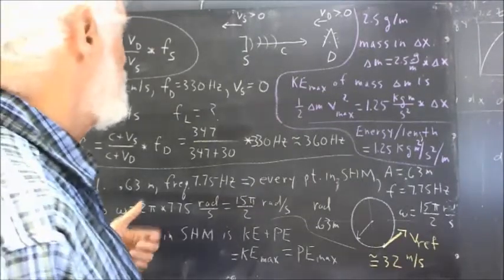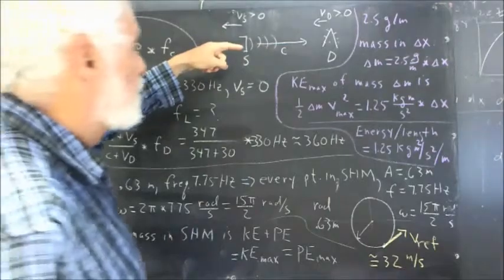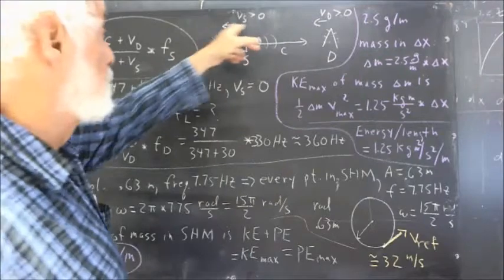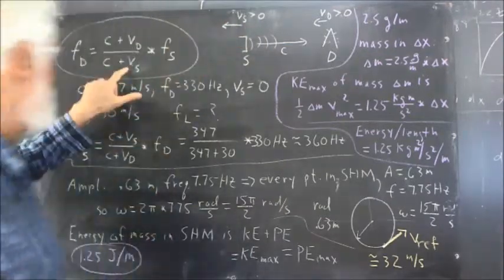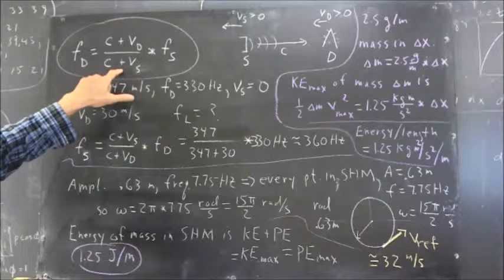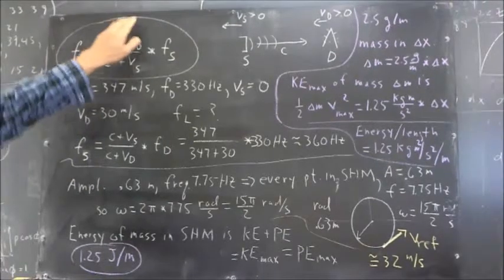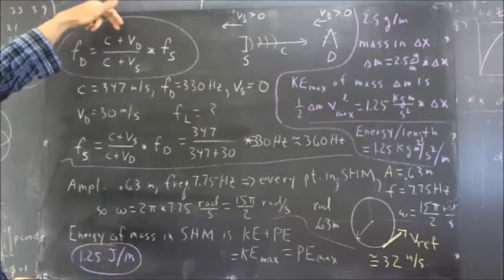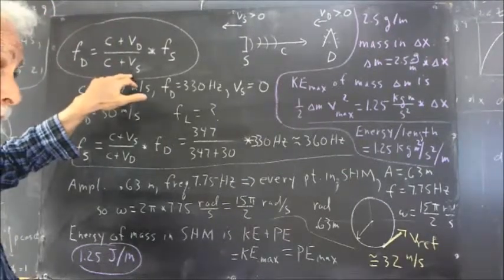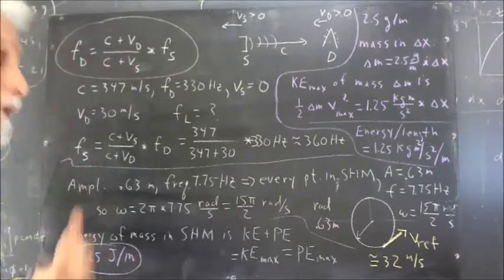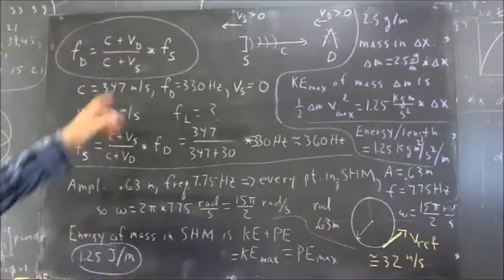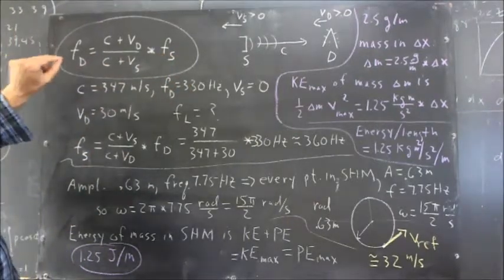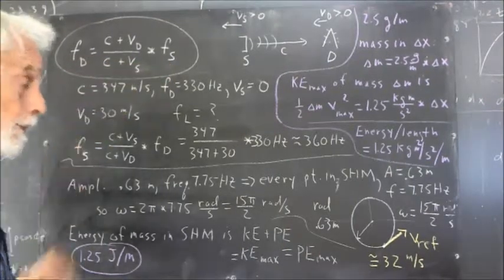And that's the case because if the source is approaching the detector, then Vs is going to be negative, since the positive direction of Vs is this way. Vs being negative is going to make this denominator less than c. The detector is not moving for the moment, and the numerator is then c. So you have c over something that's somewhat less than c. If you divide a number by a lesser number, you get a number greater than 1. So we're going to have a number greater than 1 multiplied by the frequency of the source, which will give us a frequency at the detector that's greater than the frequency of the source.